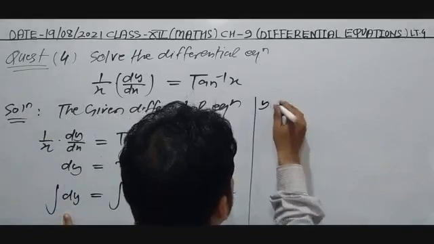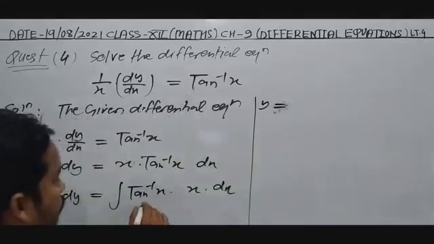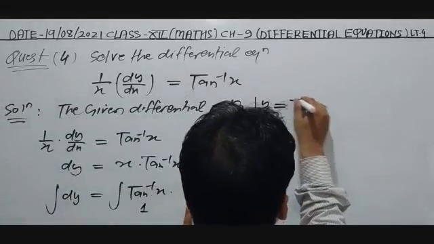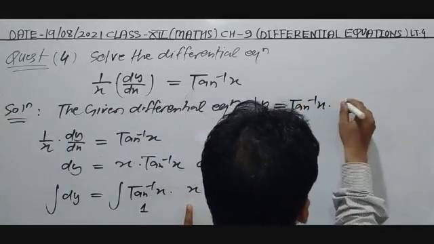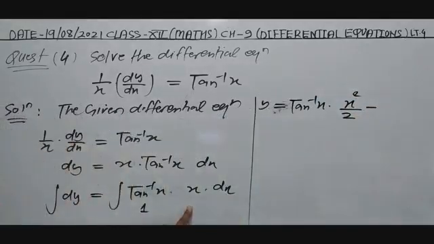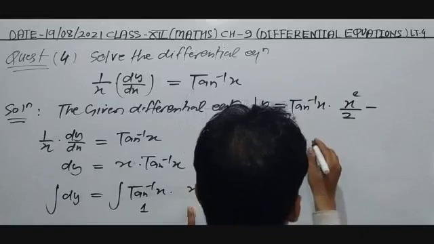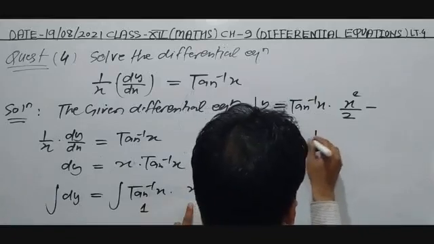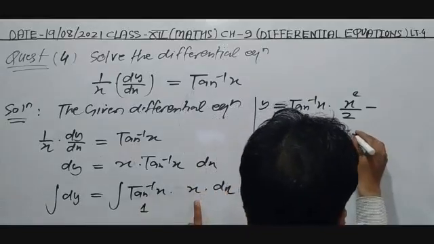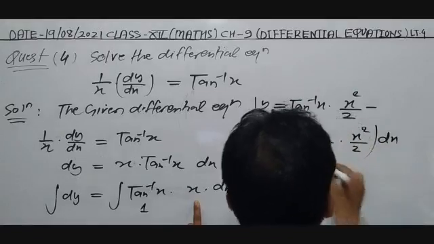So y will be equal to tan⁻¹x. tan⁻¹x is the first function, and integration of the second part means first function times integration of the second function, minus integration of the derivative of the first function, meaning 1/(1 + x²), with the integration of this part, result will be x²/2, and now whole dx.